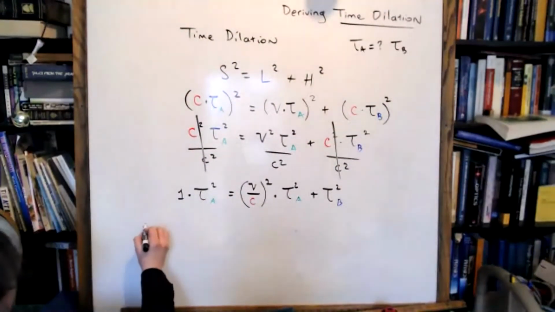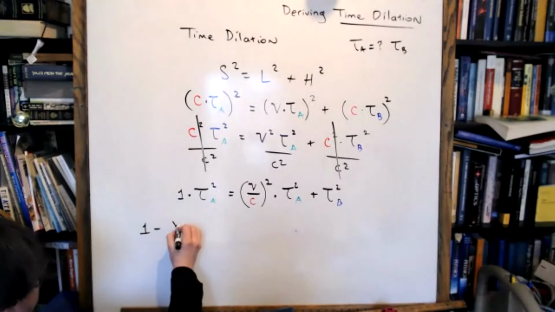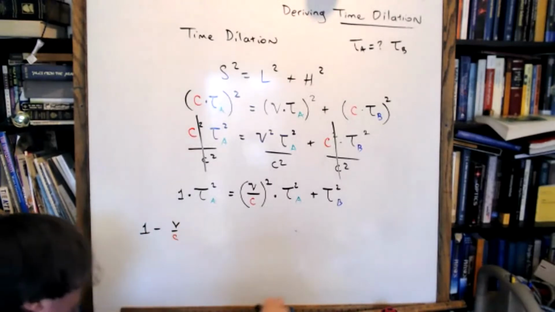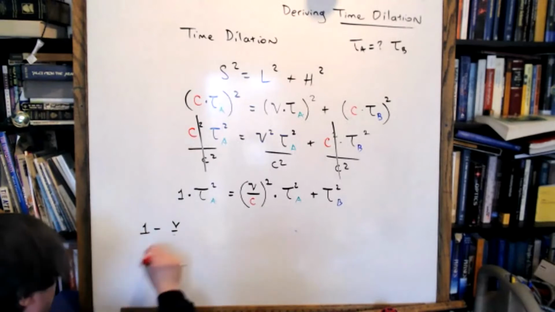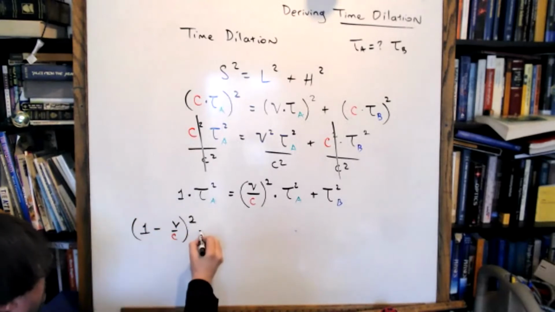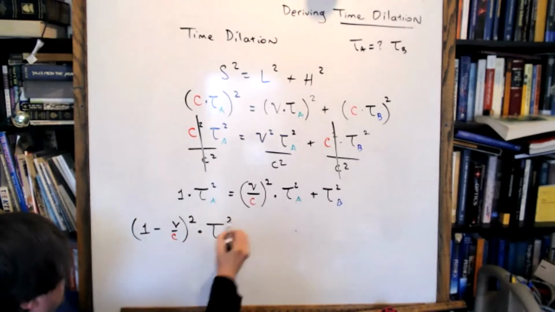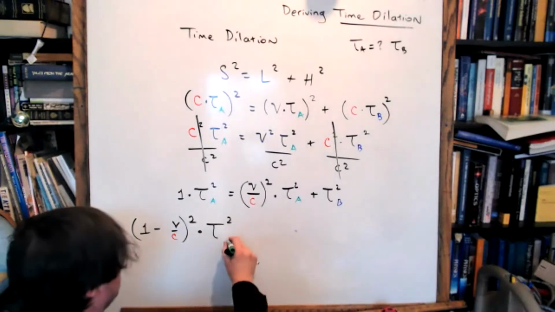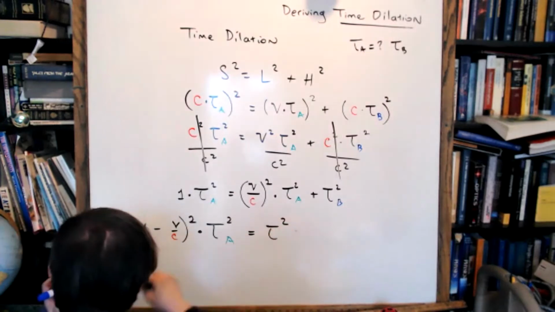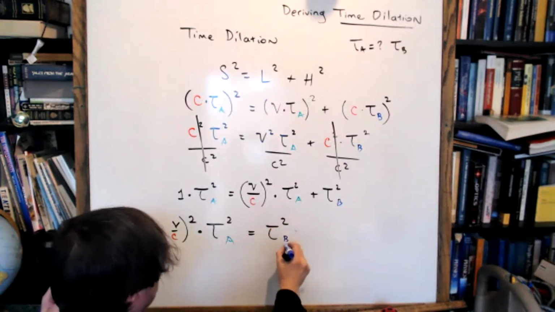All right. So 1 minus v over c. I actually did two things at once here, so make sure you can handle that. 1 minus v over c squared times ta squared is equal to tb squared.